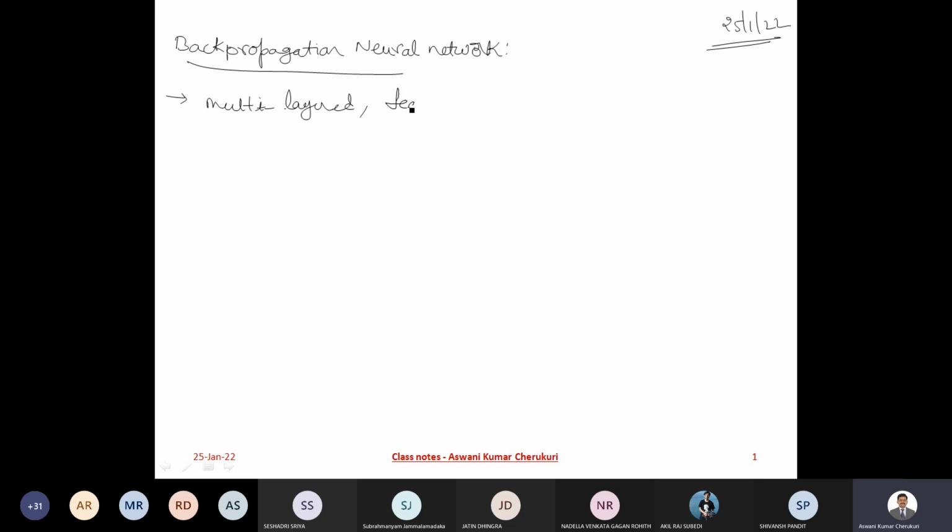Then it is a feed-forward network, so the activation propagates in the forward direction. Okay, so it's a feed-forward neural network, and the training happens through backpropagation.